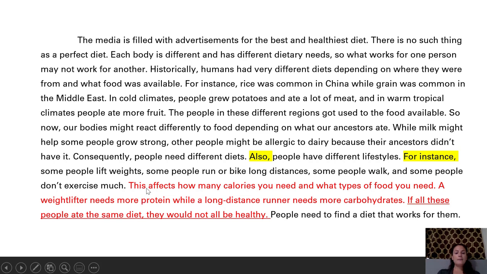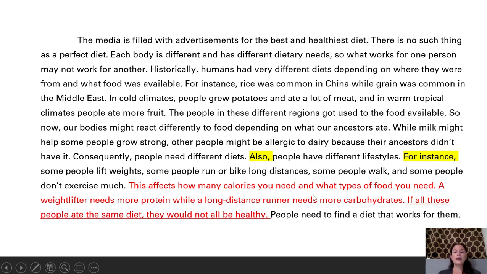In the red, we have an explanation of why different lifestyles connect to different diets. This affects how many calories you need and what types of food you need. A weightlifter needs more protein, while a long distance runner needs more carbohydrates. Okay. So this is really explaining how exercise relates to food.